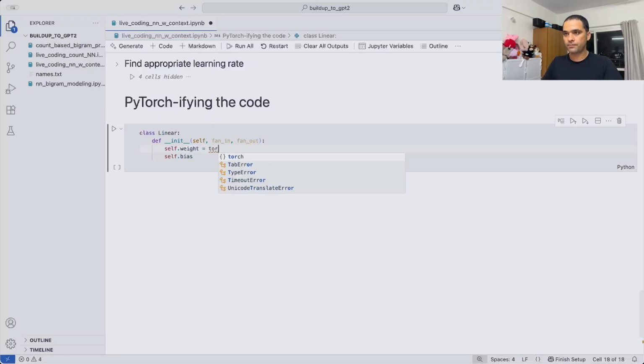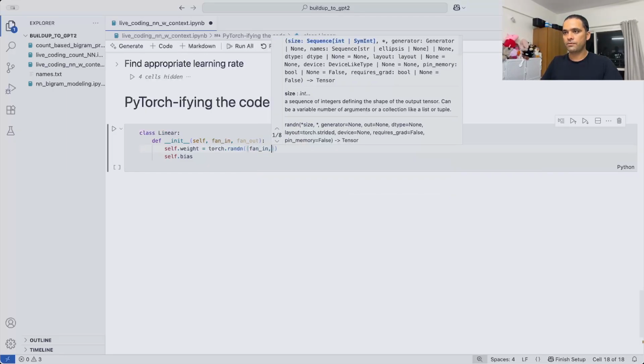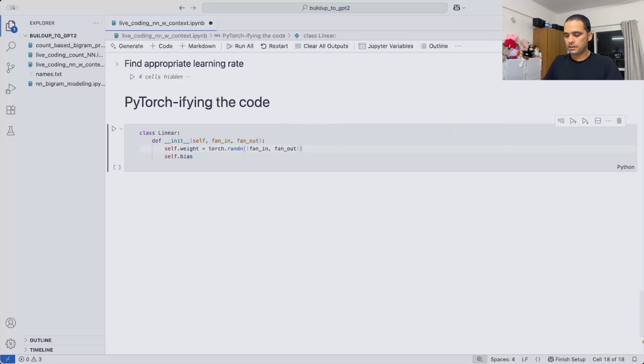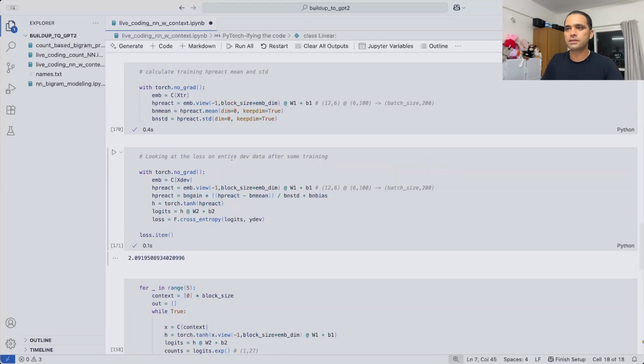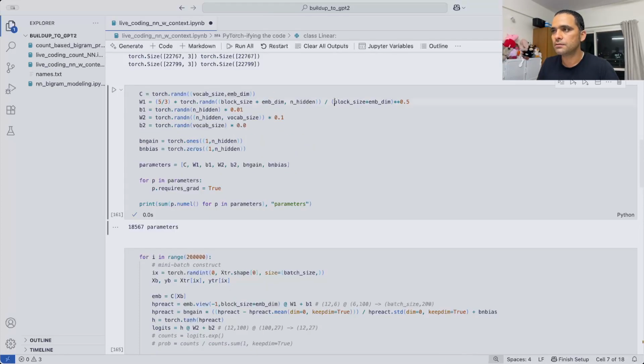We can initialize this as torch.randn of fan in by fan out, and we can also do scaling as per the method that we went through while doing this scaling here.